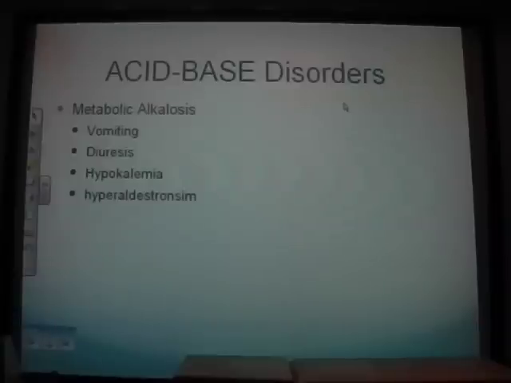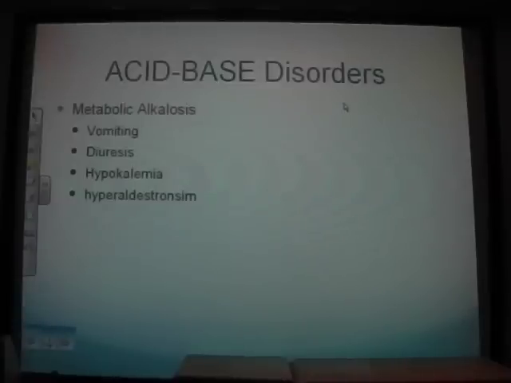And hyperaldosteronism can cause it as well. What's the syndrome? Conn's, yeah. I think the mechanism with that has to do with your sodium and hydrogen pump. It's getting rid of the hydrogen ions that causes you to turn into metabolic alkalosis, with high sodium levels.